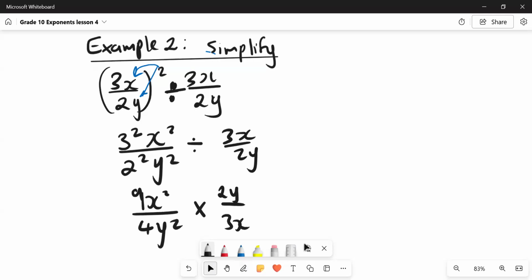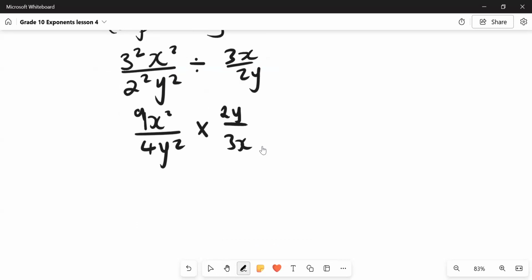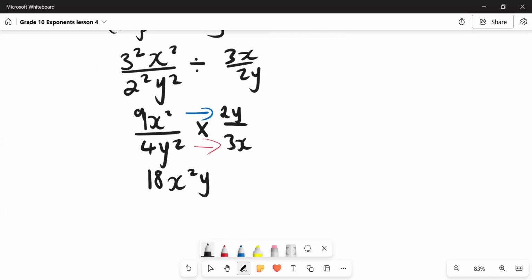I'm flipping because we're moving from division to multiplication. And then from here, you take care of numerators as well as denominators by multiplying. 9 times 2, that's 18, and then we have x squared y. And then 4 times 3, that's 12, and then you have y squared and x there.